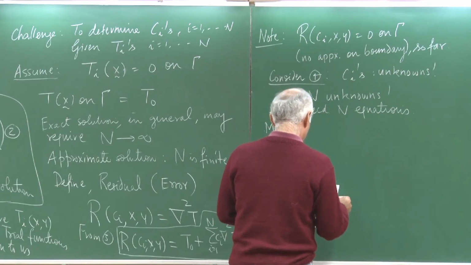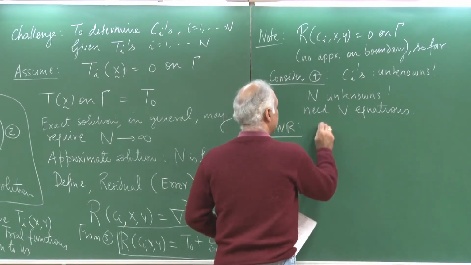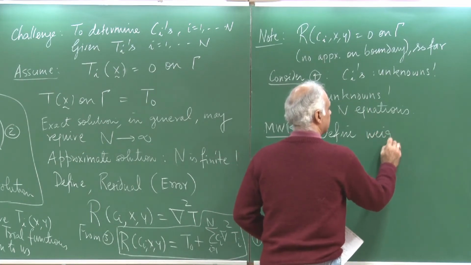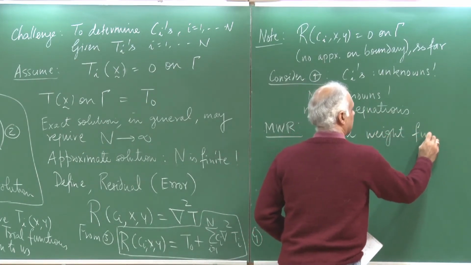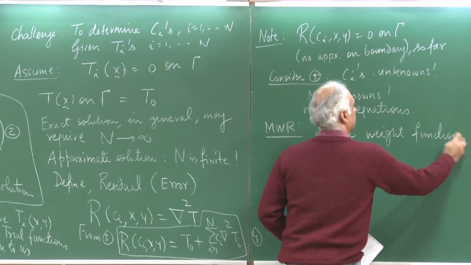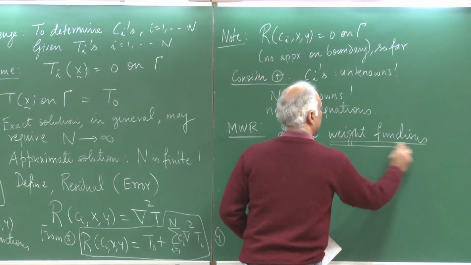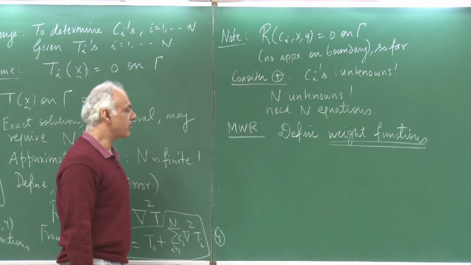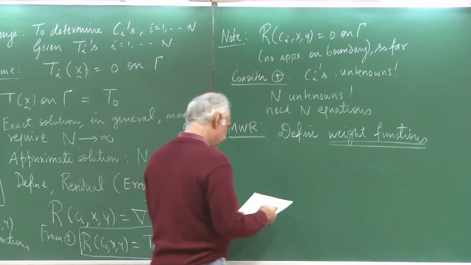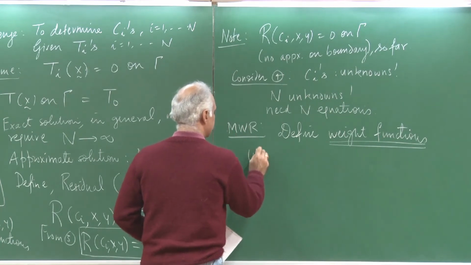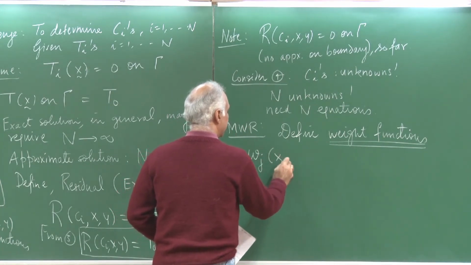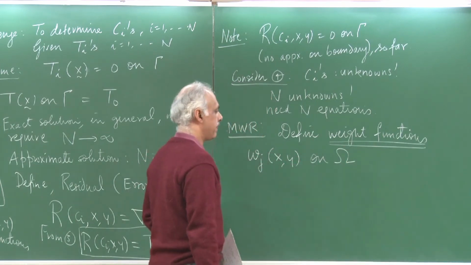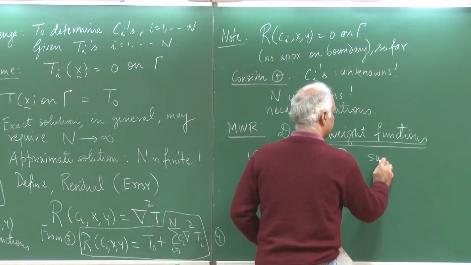So what we are going to do is, we are going to define weight functions. Remember, we have already talked about trial functions, now we are talking about weight functions, and these weight functions are Wj's. So Wj is a weight function of x, y on omega.